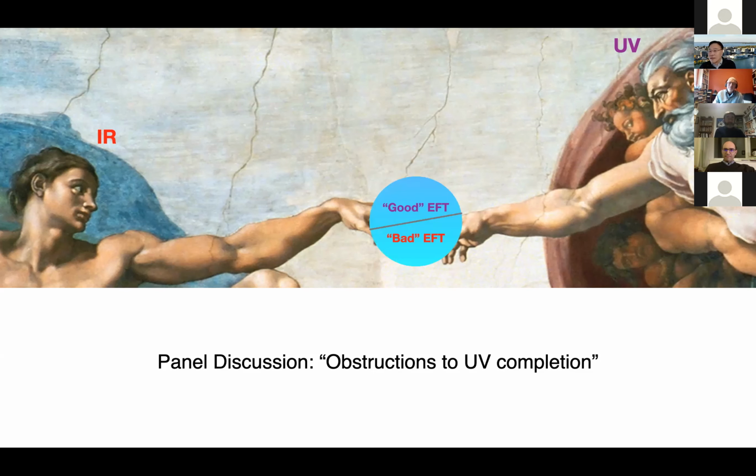So instead of working from a specific model to its EFTs and to its predictions, this alternative approach aims to identify criteria that separate good effective field theories from the bad ones. Good here means that there are no obstructions to UV completing these theories. Now, if you have done your due diligence, the EFTs that you are deriving from string theory models should fall into the good category. So is this the end of the discussion?